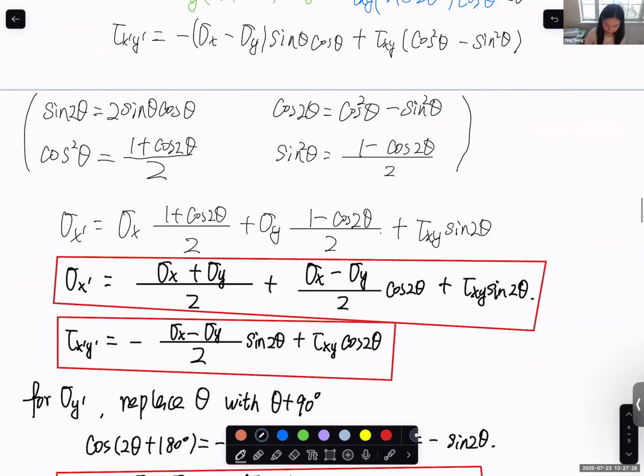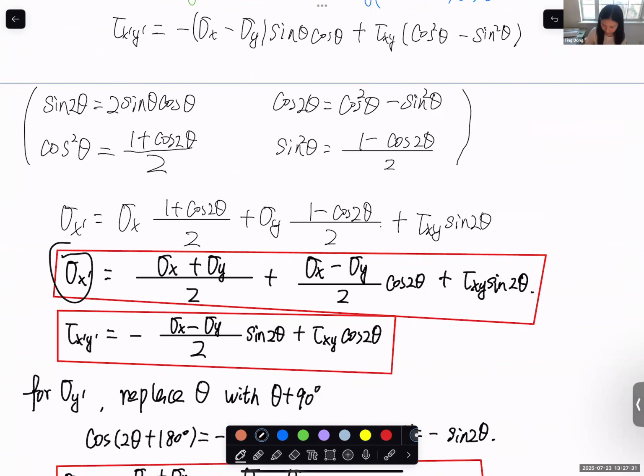So basically, let's say this sigma x prime is a function of theta, and theta can be any value, and if you want to know at what theta angle this sigma x prime reaches maximum, we just need to mathematically take d sigma x prime d theta, and set it equal to 0. That is the orientation at which the normal stress reaches maximum.